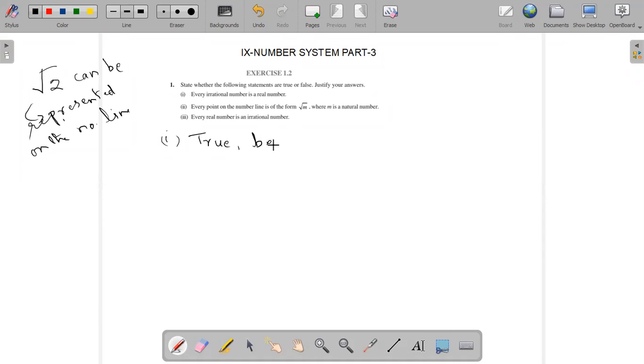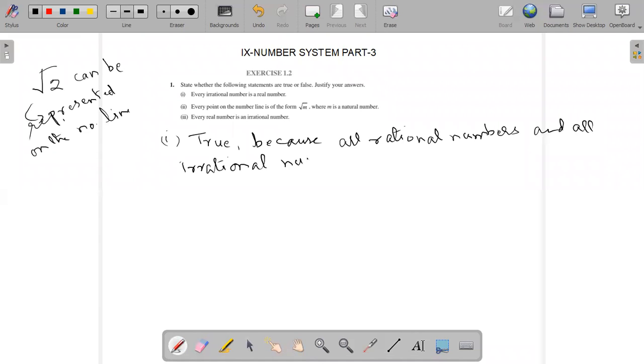The justification is, you can write the answer as: because all rational numbers and all irrational numbers form the group of real numbers.